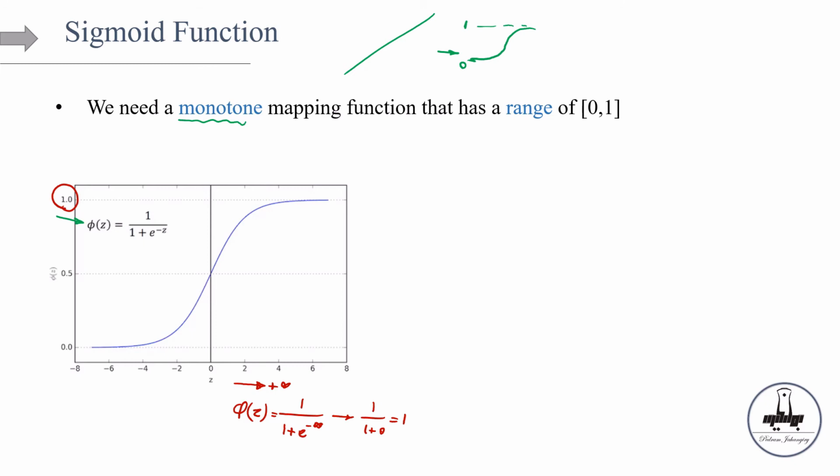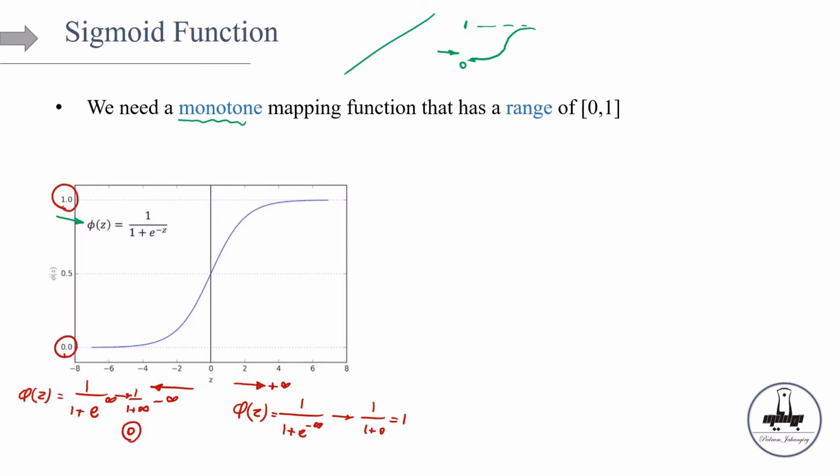to 1. And if I send z to minus infinity, then phi of z is going to be equal to 1 divided by 1 plus e to the power of minus minus infinity, which is plus infinity. So this is going to converge to 1 divided by 1 plus infinity, which is 0. So this converges to 0.